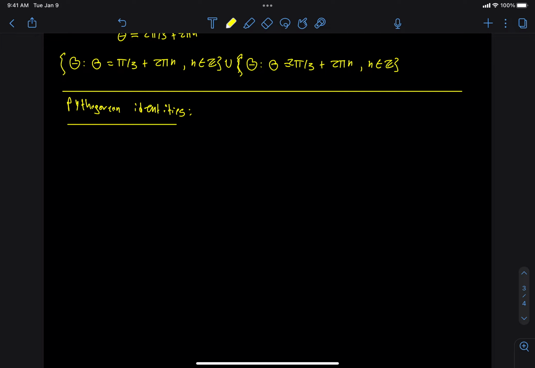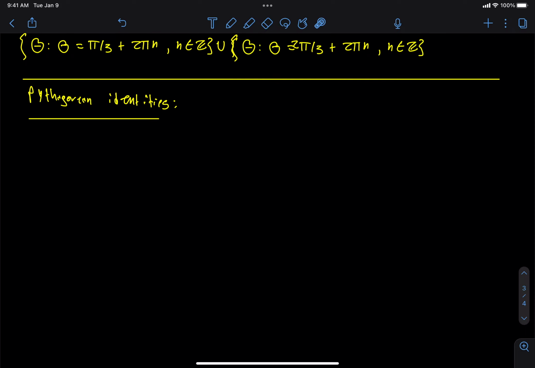Okay, so the first thing is to say something very simple. Pythagorean identities are relationships between the trigonometric functions, which have something to do with Pythagoras, which makes us think triangle. In fact, Pythagoras makes us think a squared plus b squared equals c squared, right?